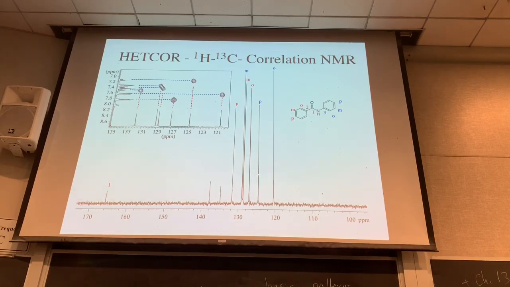Can't really tell which is which until you do the HETCOR experiment, then you can see which ones correlate to which positions in the proton NMR. So here's the proton NMR with its peaks correlating these lines here in the field to the carbons that it's attached to. So it's a very powerful technique that lets you see what's coupled with what.